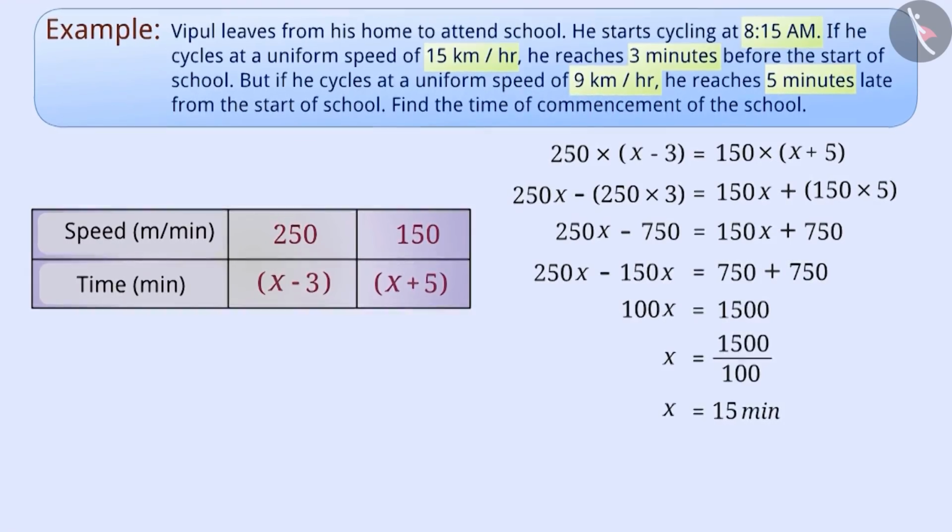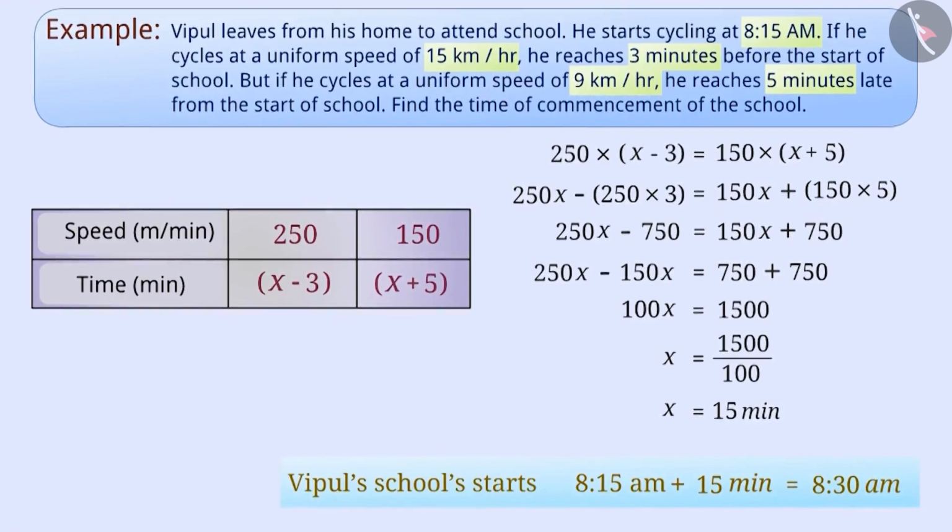That is, Vipul has 15 minutes to reach the school on the scheduled time. Therefore, we can say that Vipul's school starts 15 minutes after 8:15 am, that is 8:30 am.